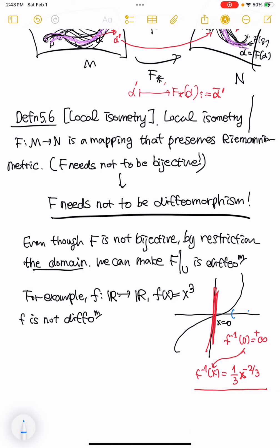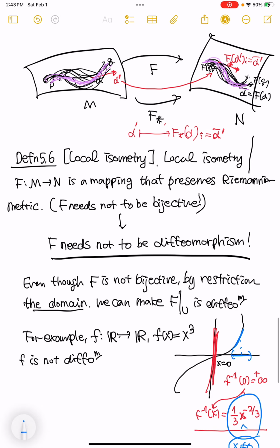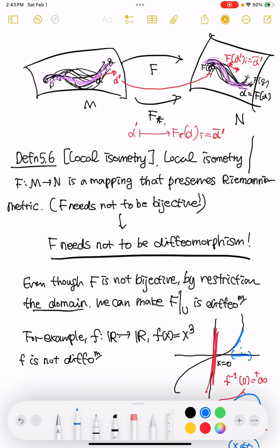But if you restrict the domain like this, that is a diffeomorphism, because that area does not contain the x equal to 0 point. So by restricting the domain, F becomes a diffeomorphism.